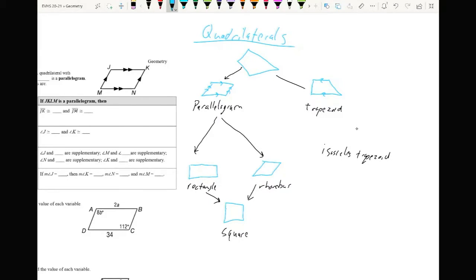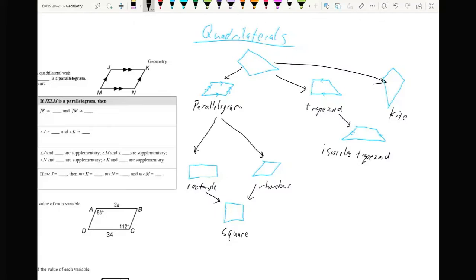And that's going to be your traditional trapezoid that you think of like this, where these 2 are congruent. And we'll talk more about those all when we get there. Oh, and I forgot there's a third one that's also a quadrilateral, but not one of the other 2, and that is a kite.